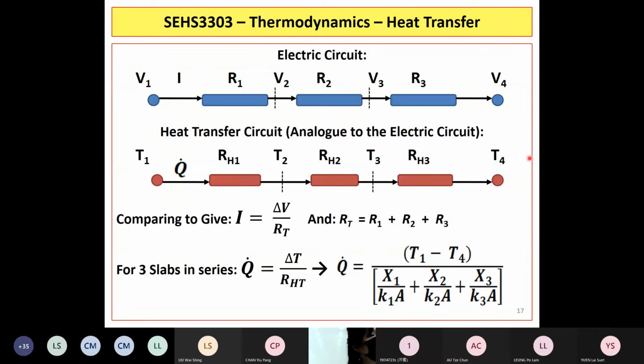Inside this circuit, the heat transfer rate is quite similar to the current in this electric circuit. It is the same. Drawing the whole system, the whole process, it is the same.